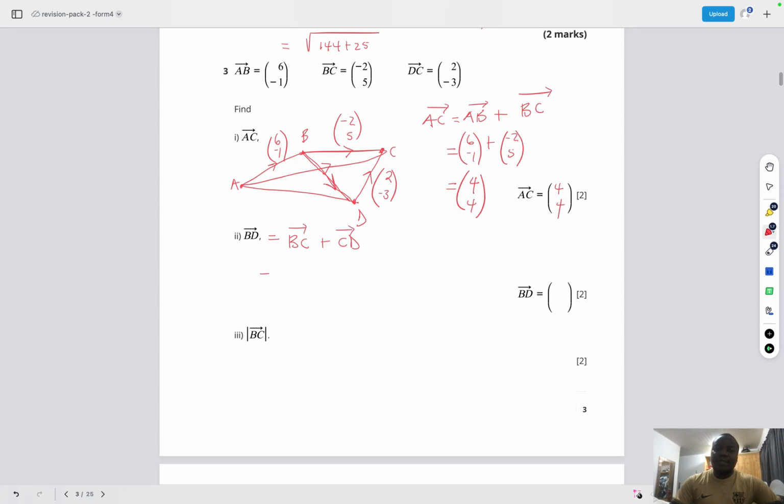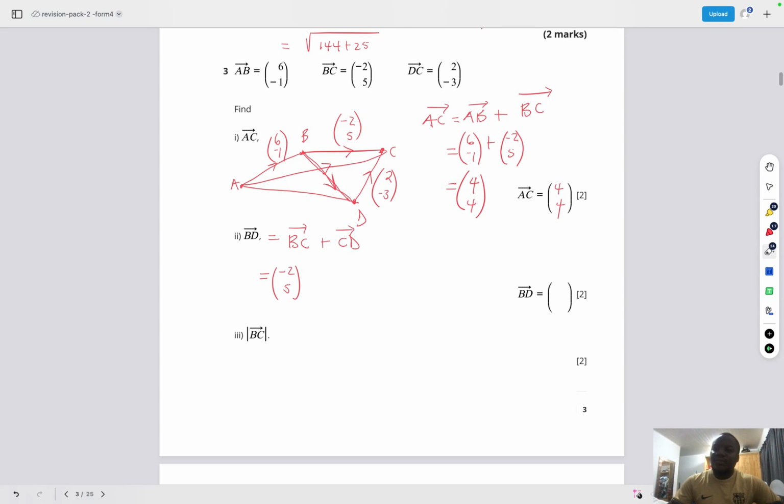Now if you look at this, BC is given as -2 and 5 plus. Now CD is going against the direction of DC, which is given, so meaning CD is simply equal to the negative of, so let me just explain that better.